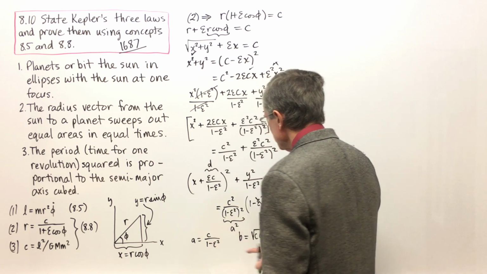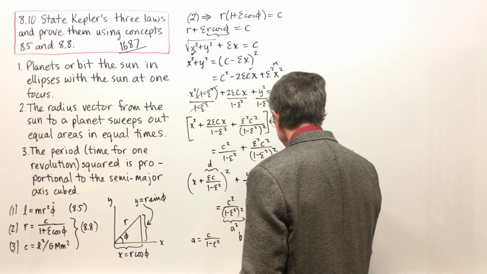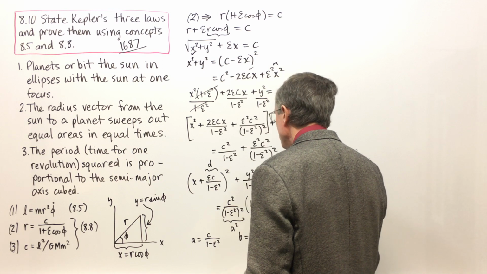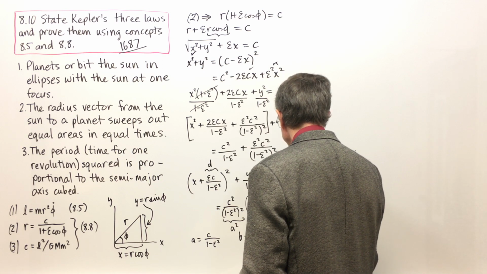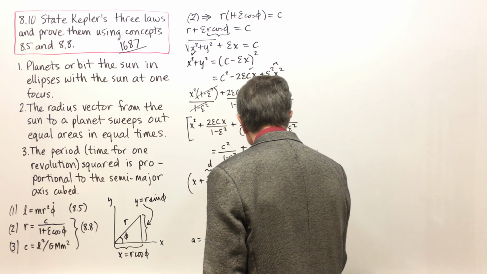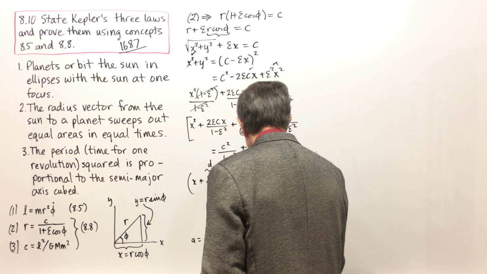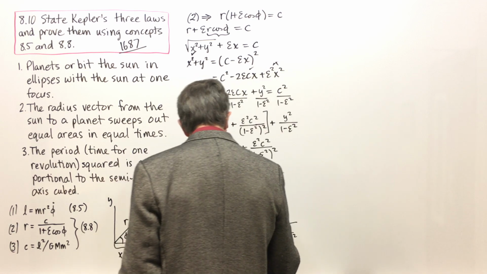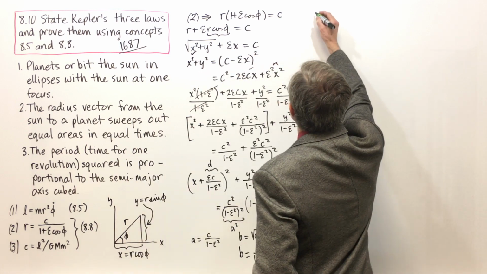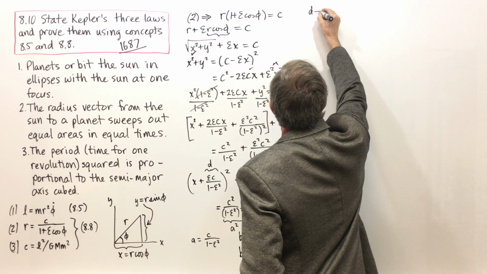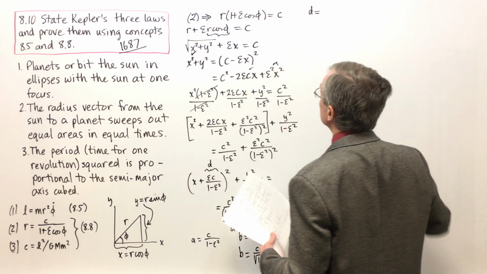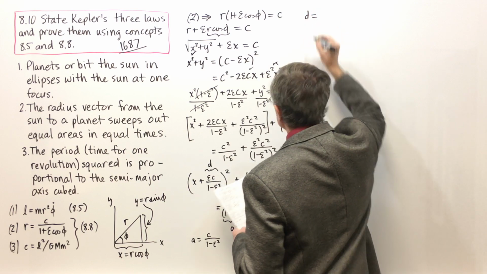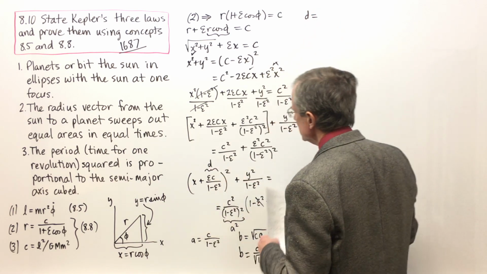Square root of c times a will give me square root of c squared over 1 minus epsilon squared, and that's just c over the square root of 1 minus epsilon squared. And then I'm going to define d. Let me move that down for fear of running out of space. We're going to define that to be epsilon c over 1 minus epsilon squared.